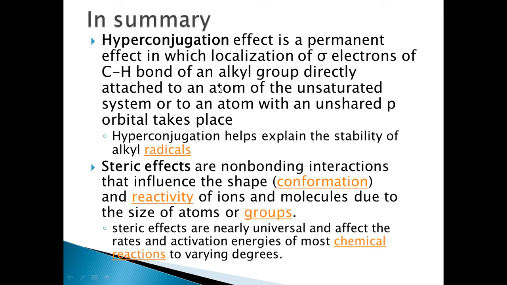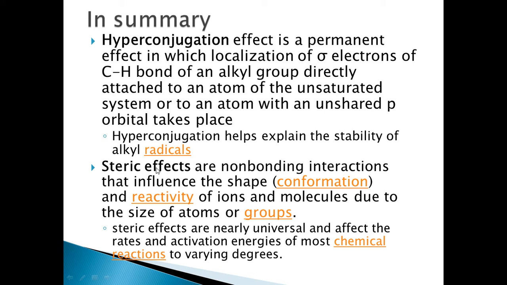Hyperconjugation is a permanent effect in which the delocalization of sigma electrons of a carbon-hydrogen bond of an alkyl group directly attached to an atom of an unsaturated system or to an atom with an unshared p orbital takes place. That is hyperconjugation. Hyperconjugation helps to explain the stability of alkyl radicals.